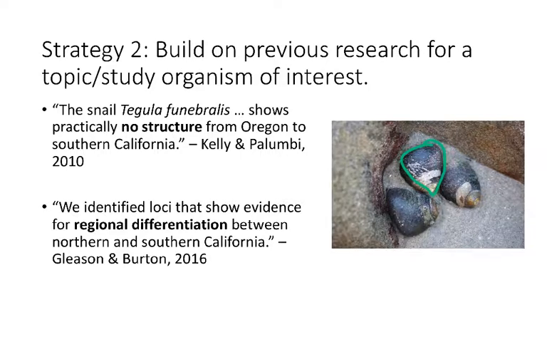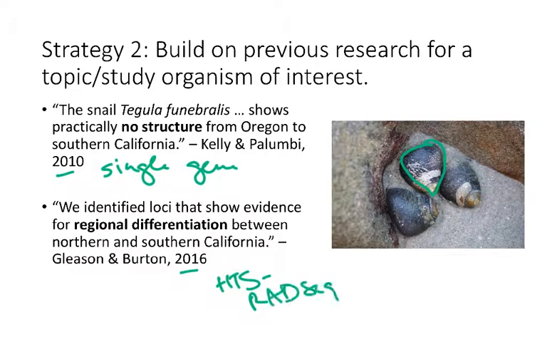So in this example, we had this study from 2010 that was done using a single gene marker, single gene sequencing, and then in 2016, I used similar populations of this same species, but I used high throughput sequencing, specifically RADseq.